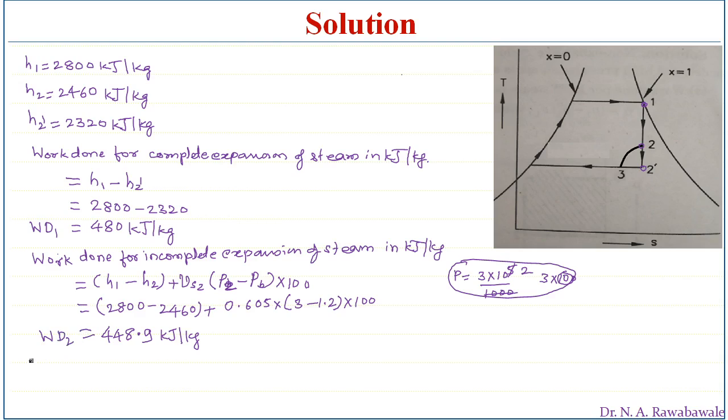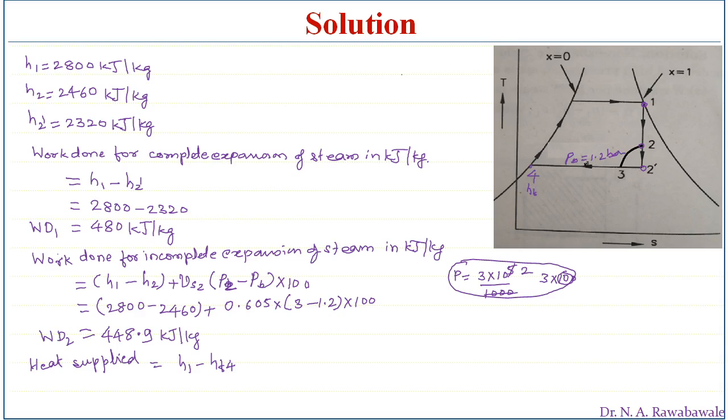So heat supplied we can find out. Heat supplied is equal to H1 minus, we can call this point as 4, H1 minus HF4. Already we know H1. HF4 can be taken from the steam table at pressure PB is equal to 1.2 bar. At 1.2 bar, this HF value is nothing but HF4.